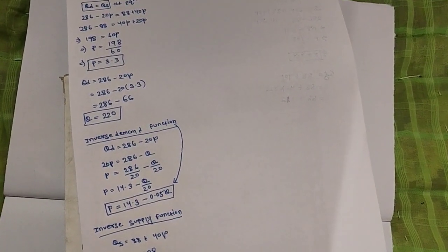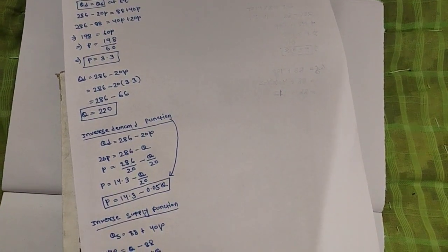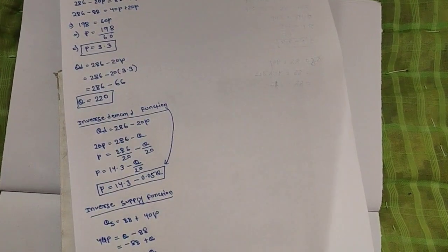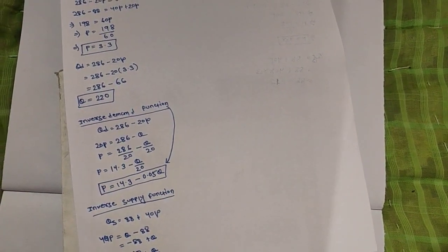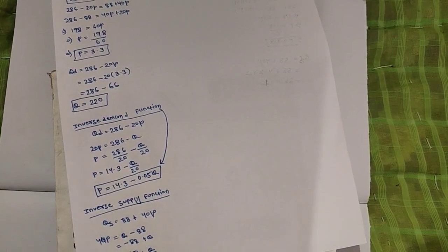So p equals minus 88 upon 40 plus q upon 40. Minus 88 upon 40 is minus 2.2, and 1 upon 40 is 0.025. This is the inverse supply function.